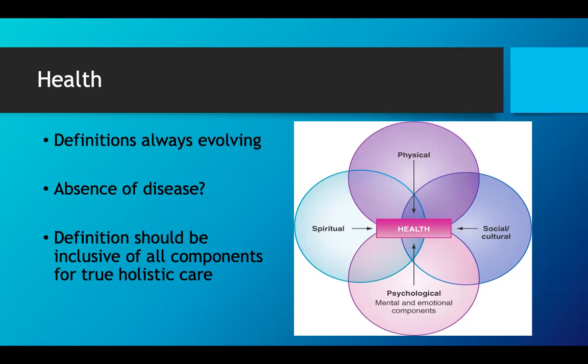So a patient may be physically healthy, but the spiritual, social, and psychological dimensions may not be balanced, and therefore the patient is truly not healthy. We cannot truly determine someone's health status without fully evaluating all these attributes.